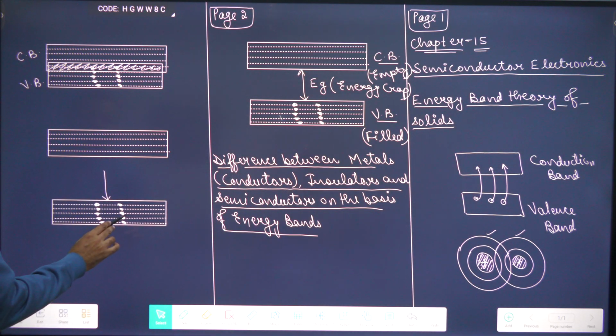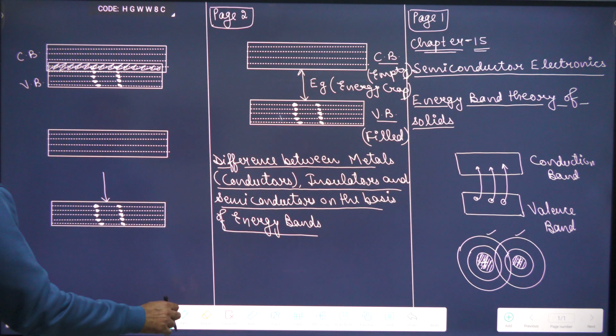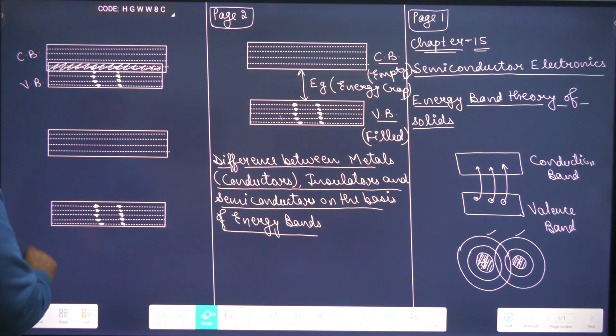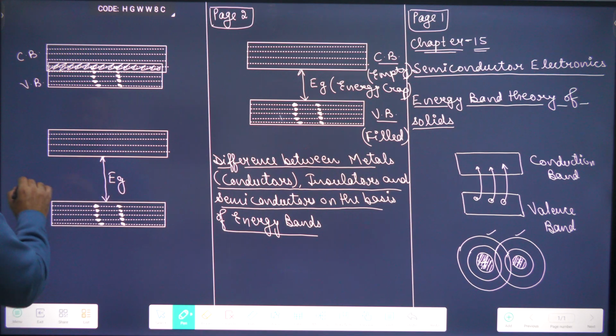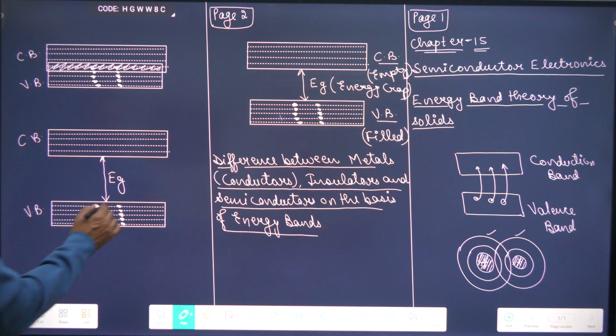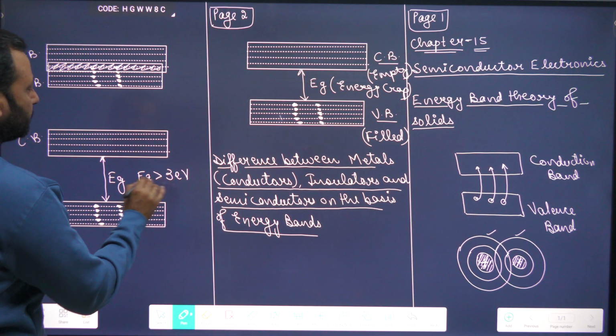There is a huge gap between the conduction band and the valence band. The gap between the conduction band and the valence band is called EG. Conduction band is CB, valence band is VB. The gap between both of them is called EG. And EG is generally greater than 3 electron volt.